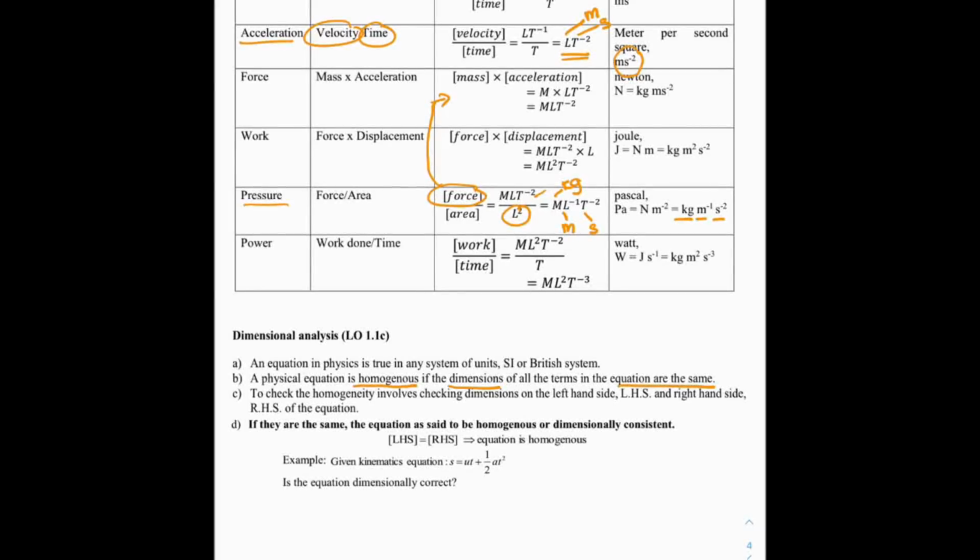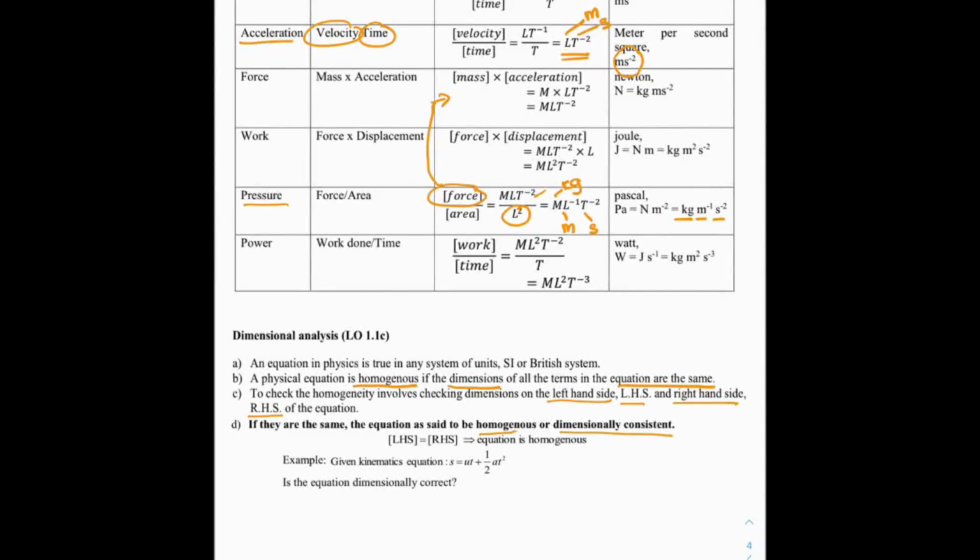To check the homogeneity involves checking dimension on the left hand side and also right hand side. Itu yang kita cakap LHS dan juga RHS, short form untuk left hand side dan juga right hand side. If the left hand side and right hand side are same, the equation is said to be homogeneous ataupun dimensionally consistent.